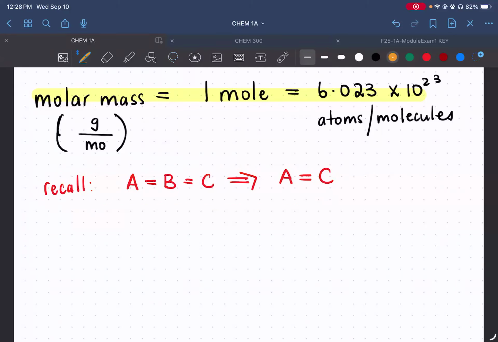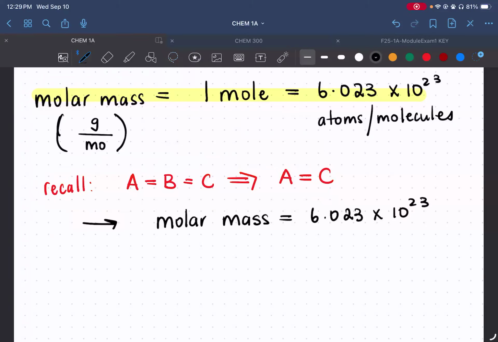So the big takeaway from this, of course, is recognizing the molar mass of anything is equal to Avogadro's number, 6.023 times 10 to the 23 atoms or molecules.